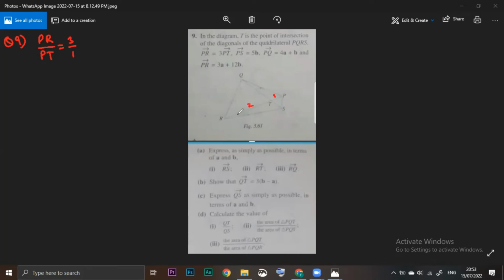PS is 5B. PQ is 4A plus B. And PR is 3A plus 12B.